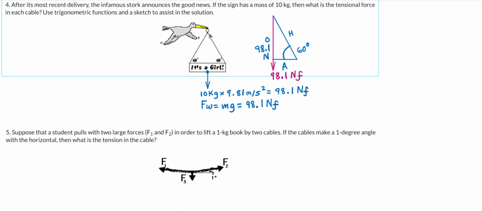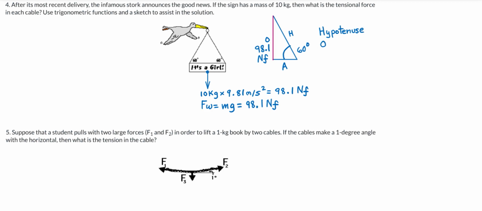And then we need the diagonal cable tension value, so that's a hypotenuse, and then the adjacent side is irrelevant, is what I meant to say. So what does that leave us with? Hypotenuse and opposite. So OH, O divided into H, that's sine.